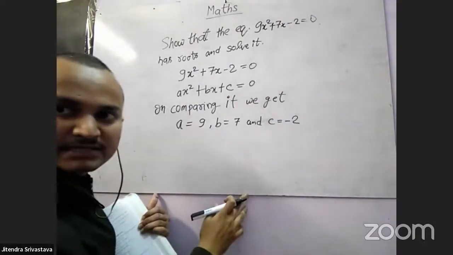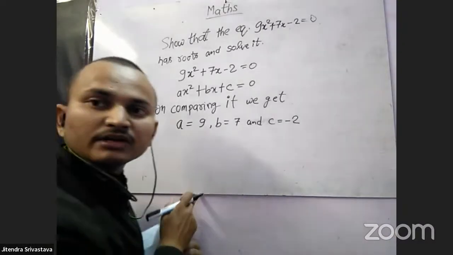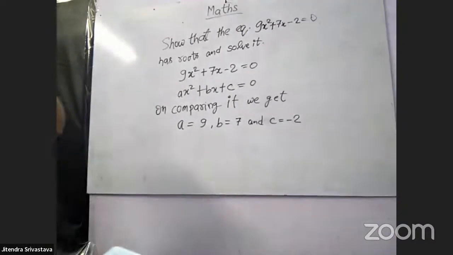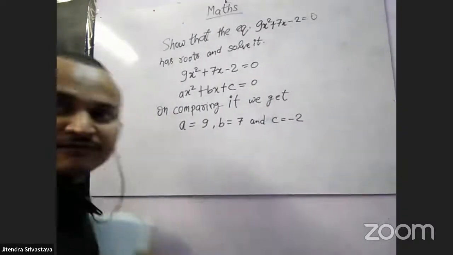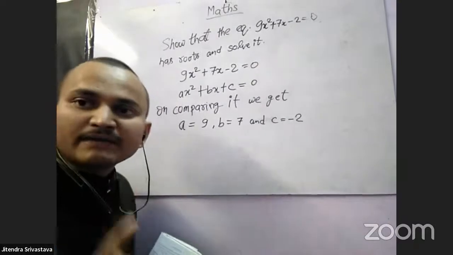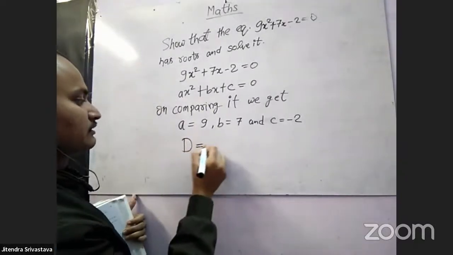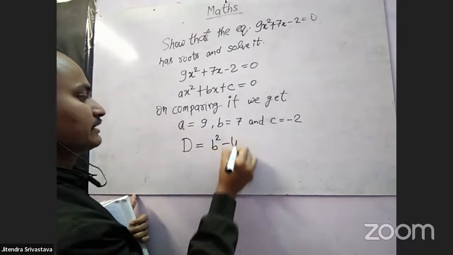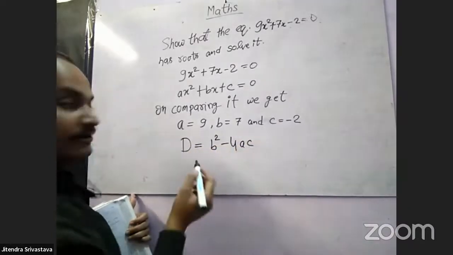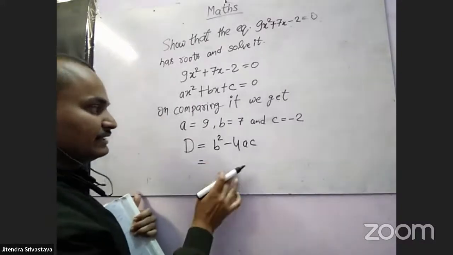Now what will we do next? We will have to find the roots by the formula. First of all, we have to find the discriminant. The formula is b squared minus 4ac. Let us check what we are getting, by putting in the values.